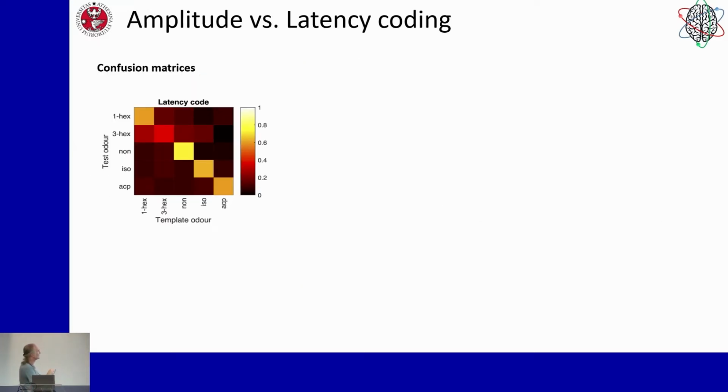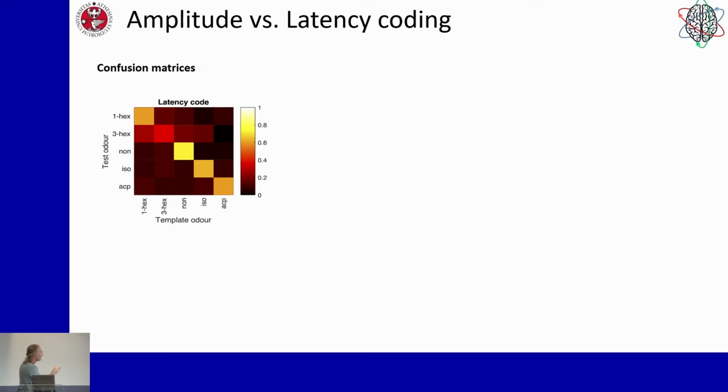Indeed, the latency code is well representing already the odor, so we get highest correlation always for the correct template. That is interesting. So it doesn't need an average value. The brain doesn't have to wait until an average firing rate is established. It seems to know at the onset of the odor already enough information to identify this.